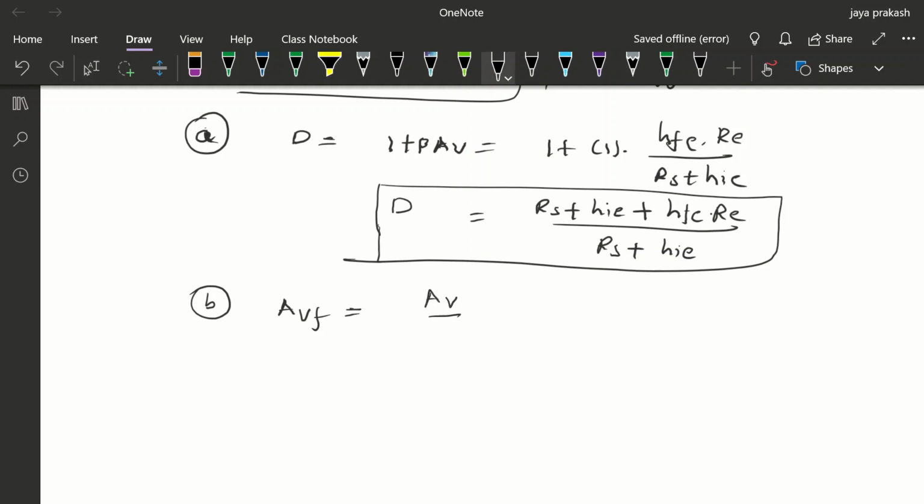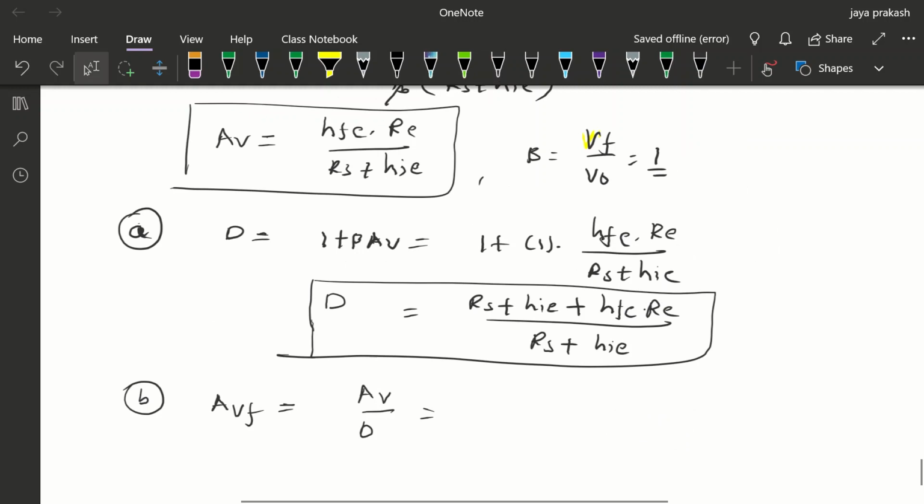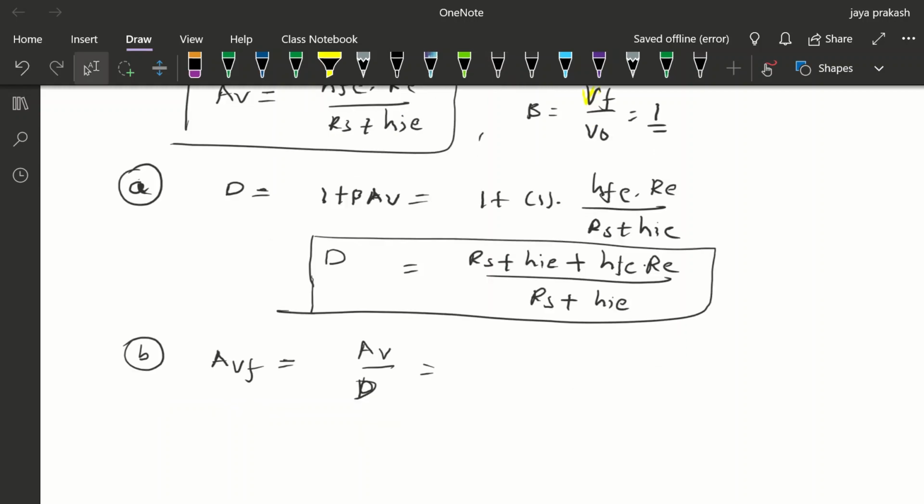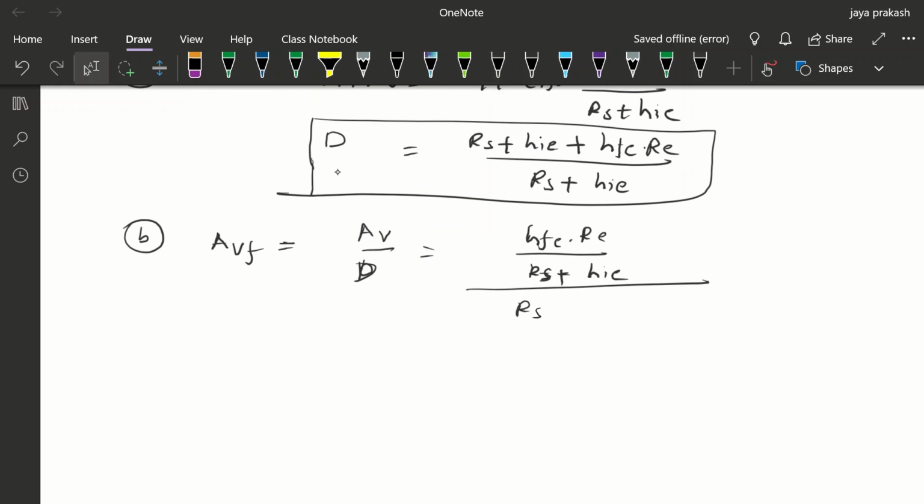AVF is equal to AV by D. We know the formula for AV and we know the formula for D. So gain with feedback is HFE into RE by RS plus HIE, divided by RS plus HIE plus HFE into RE by RS plus HIE.